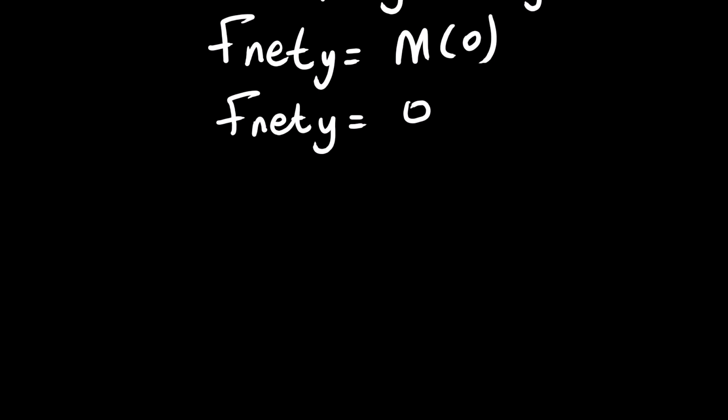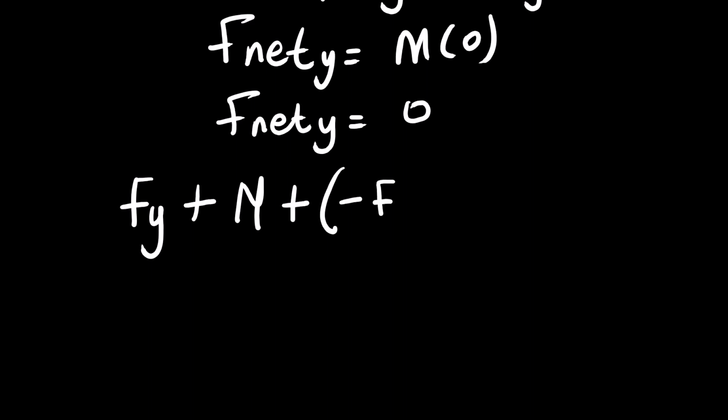Now we take up as positive, and down as negative. So we have Fy, which is positive, plus normal force, which is also positive, plus, remember, F net is the sum, inside the bracket negative Fg, since it's going down, equals 0.